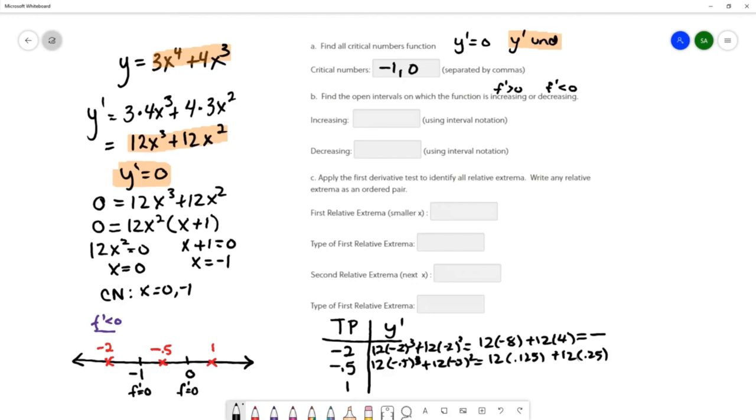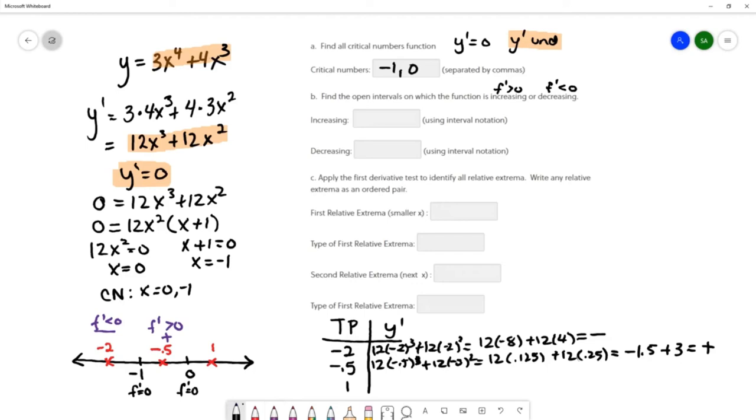So 12 times 0.125 is -1.5, and 12 times 0.25 is 3. And so we get a positive on that interval. Our derivative is greater than 0, or positive in that interval.